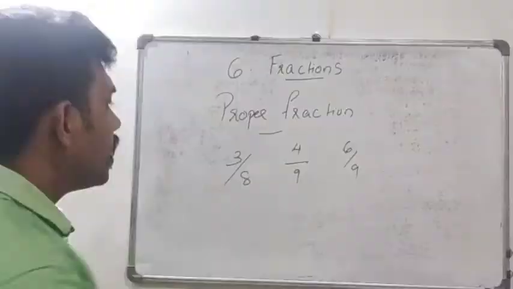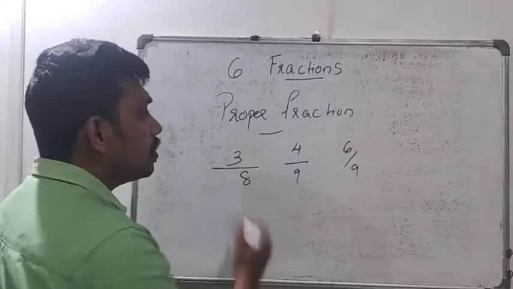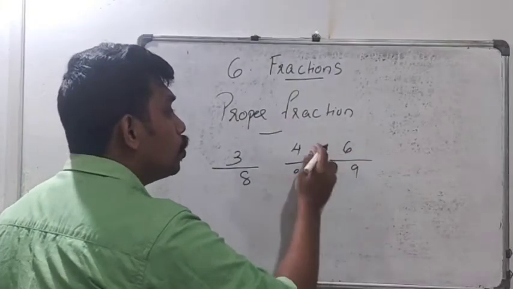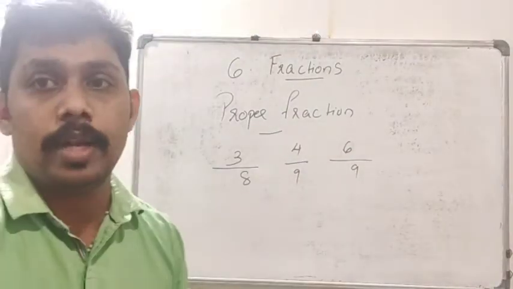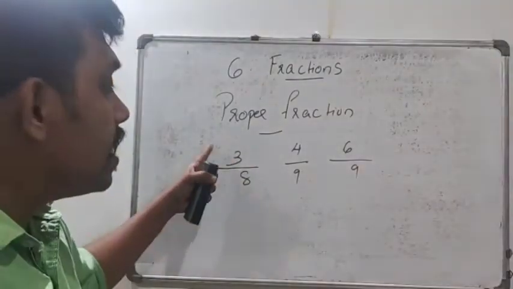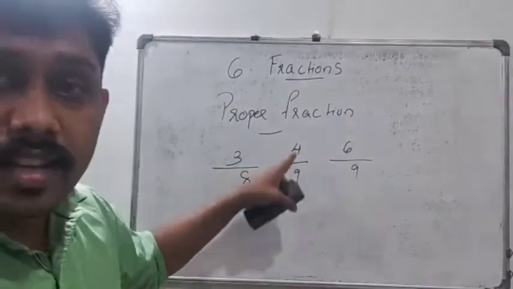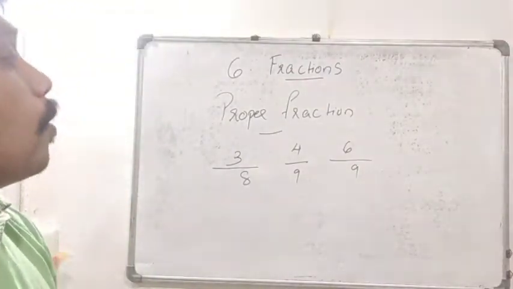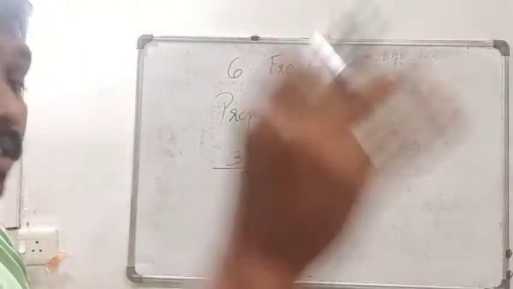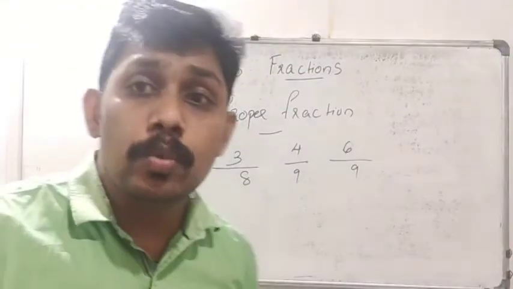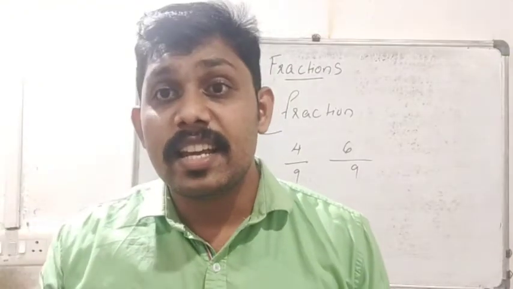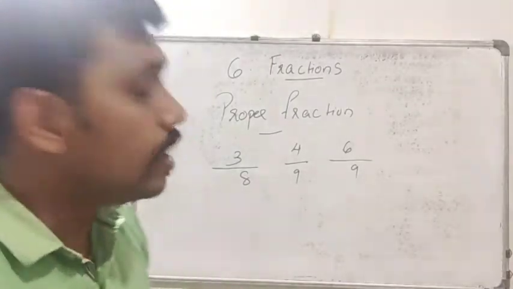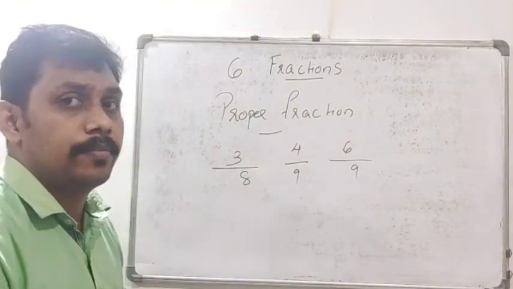Look here, in all these fractions the numerator is less than the denominator, isn't it? 3 is less than 8, 4 is less than 9, and 6 is less than 9. So when the numerator of a fraction is less than the denominator, then it is called a proper fraction.